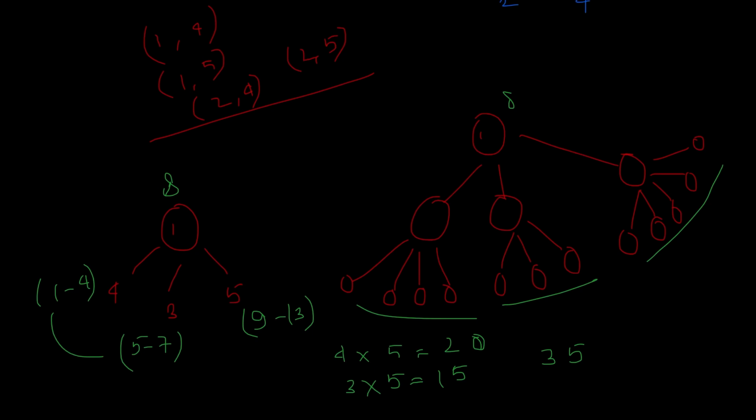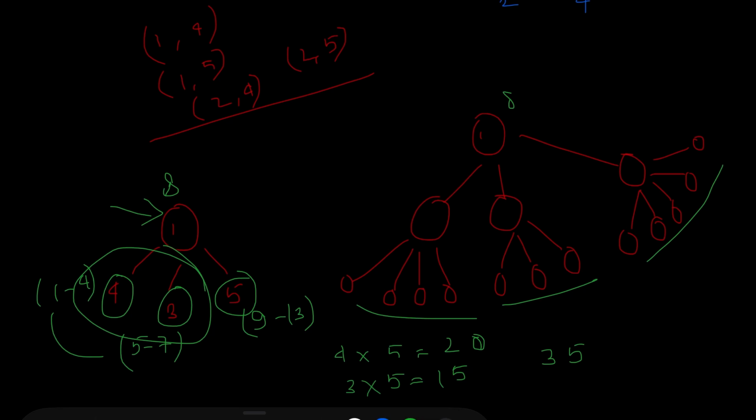So does this give you another intuition? Here we have 4, we have 3 and we have 5. We need to partition them in such a way that we divide them into two groups: one group smaller than the parent, one group larger than the parent. So this is the smaller side, this is the larger side.